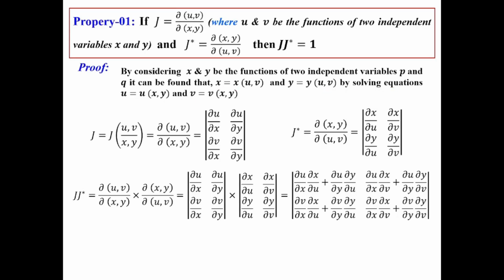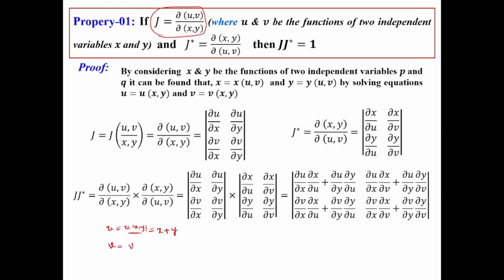So how it is here, I am going to consider a simple example. Just watch. Here, the Jacobian of u, v with respect to x, y, for u is a function of x, y, two independent variables. Let for this equation u is the function of x, y, we just consider x plus y as the equation.